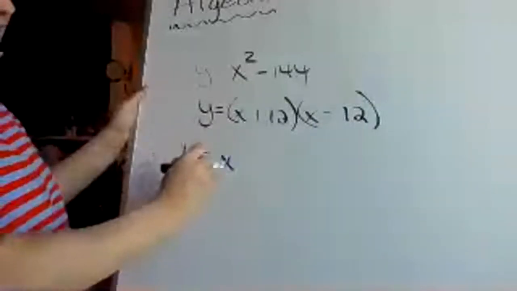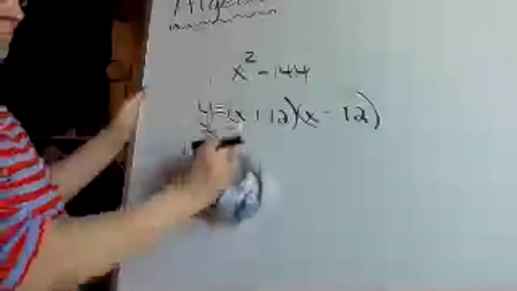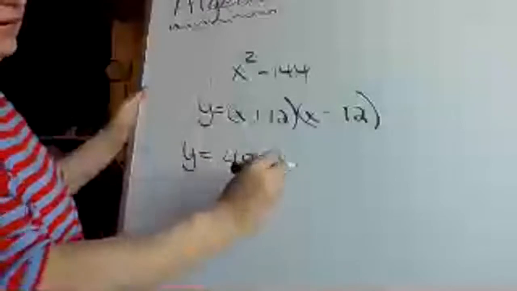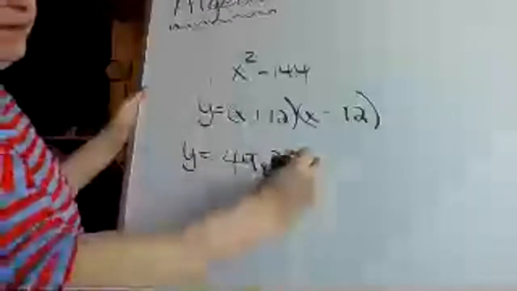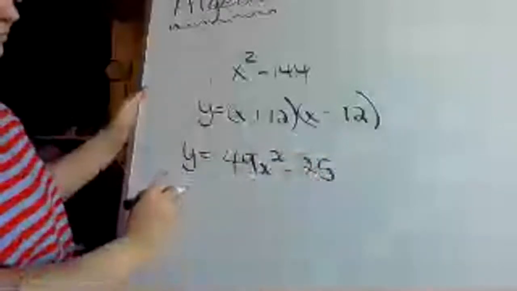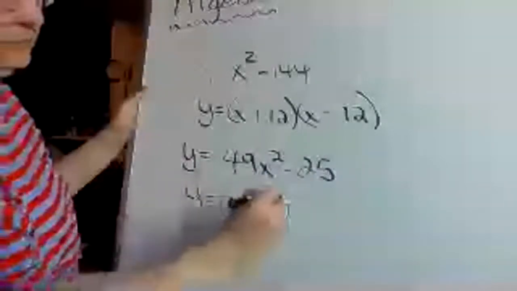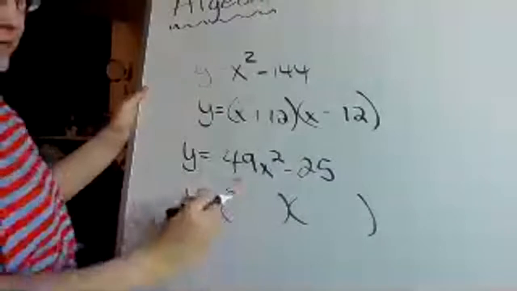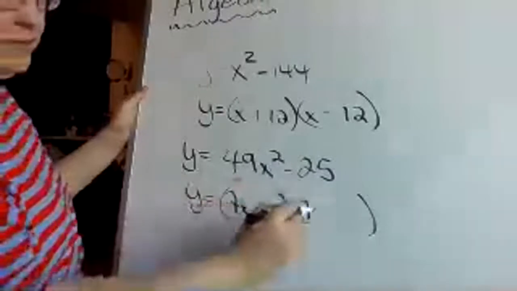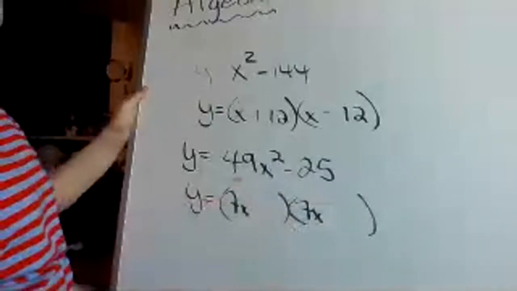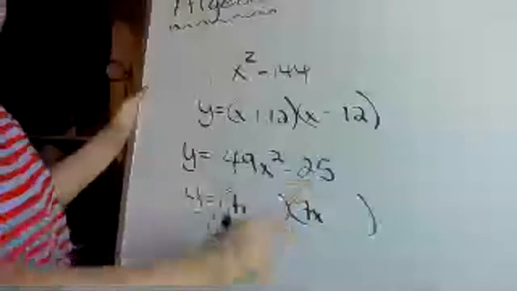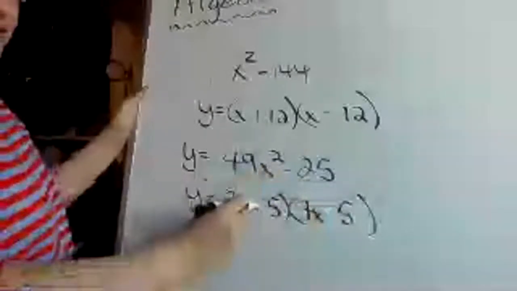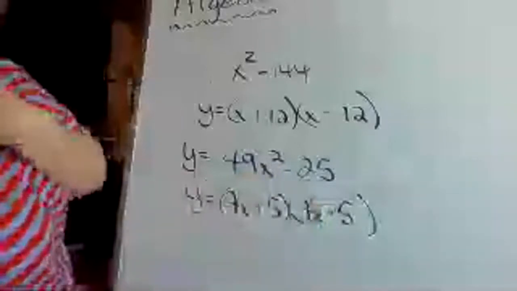If I did 49x squared minus 25, what times itself gets 49x squared? 7x. What times itself gets 25? 5. And if I want a negative there, I have to have a plus and a minus. It doesn't matter which one comes first.